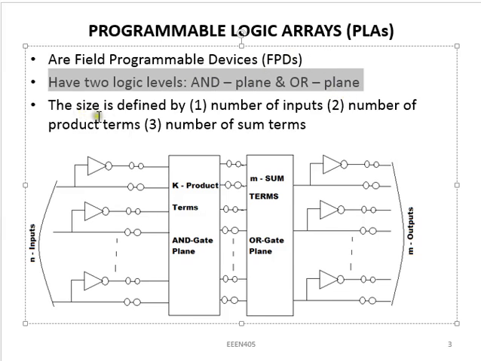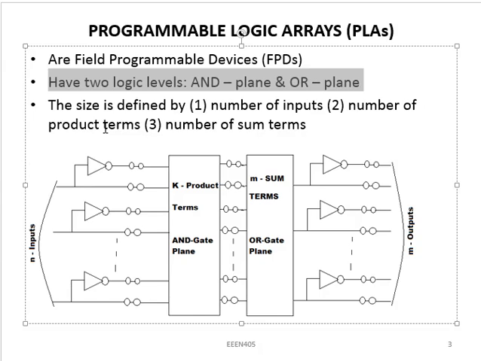And the size of each of these programmable logic arrays is defined by the number of inputs you are going to implement, that is, how many variables the function has, and also the number of product terms that you want to have in your logic, and of course the number of sums, that is, the number of different functions you have.